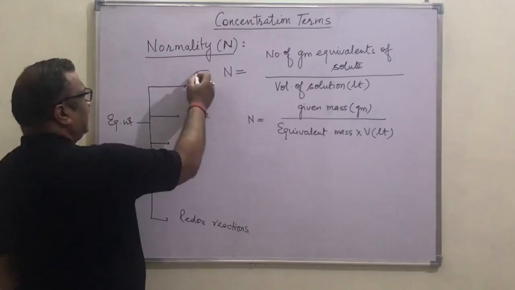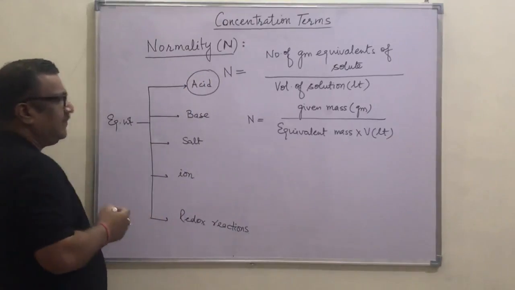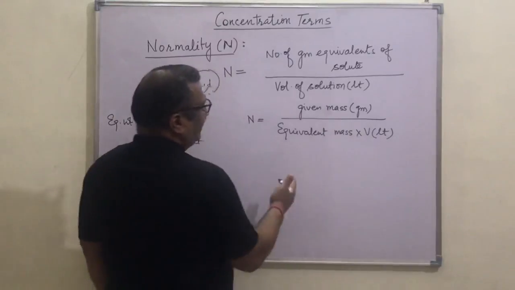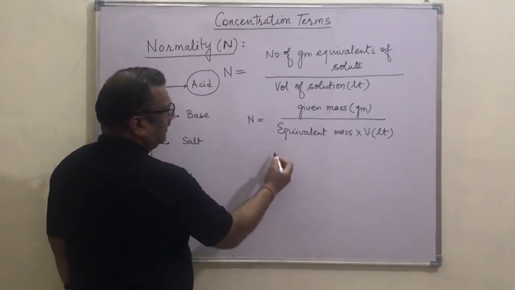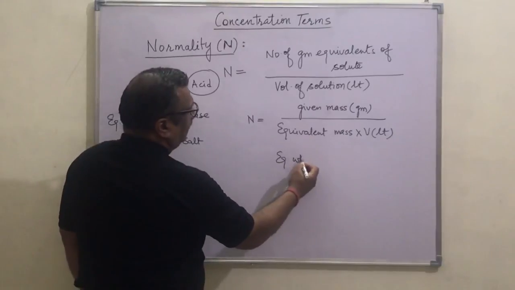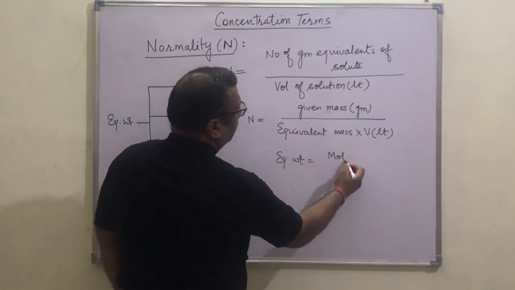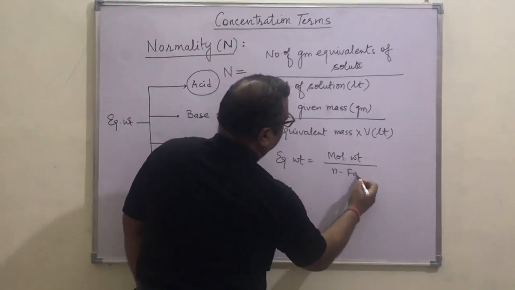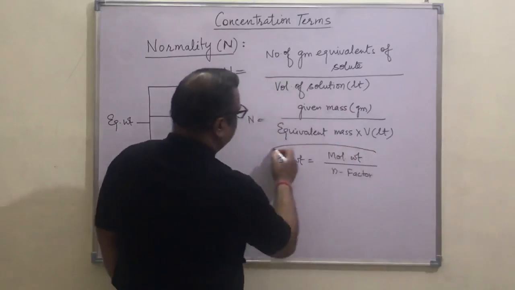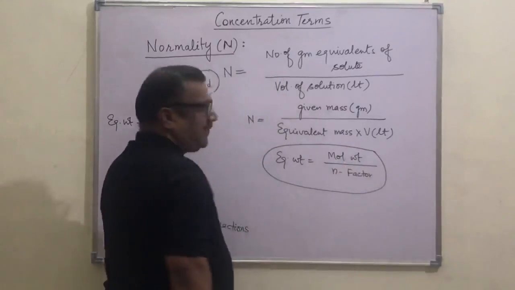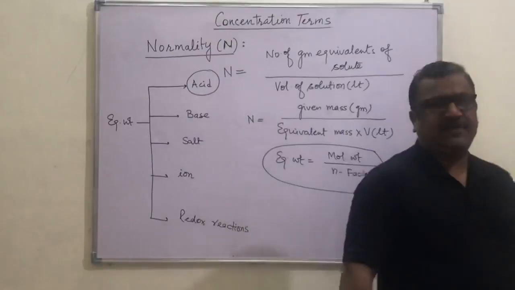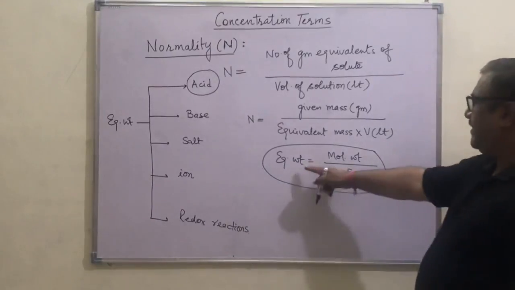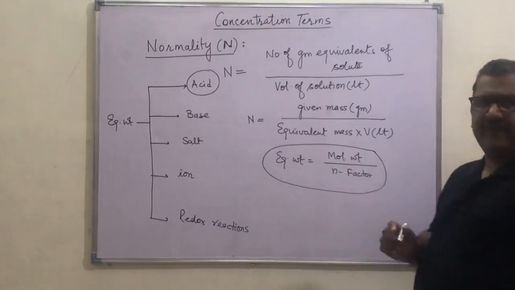So if we want to calculate the equivalent mass of an acid, we may write one general formula to calculate the equivalent mass of any species: equivalent weight is equal to molecular weight divided by n factor. This is a relation which can be applied for any species for which we want to calculate its equivalent mass. Equivalent mass is equal to molecular mass upon n factor.